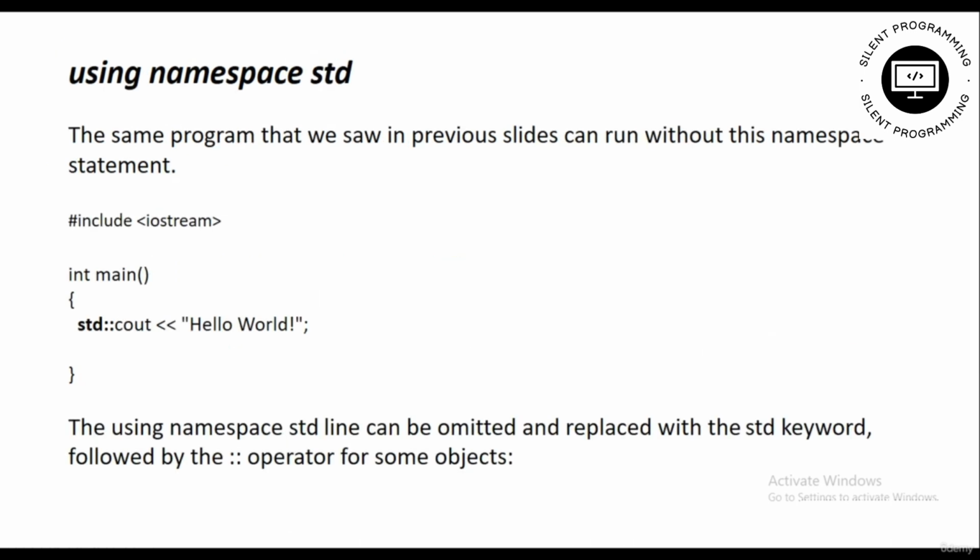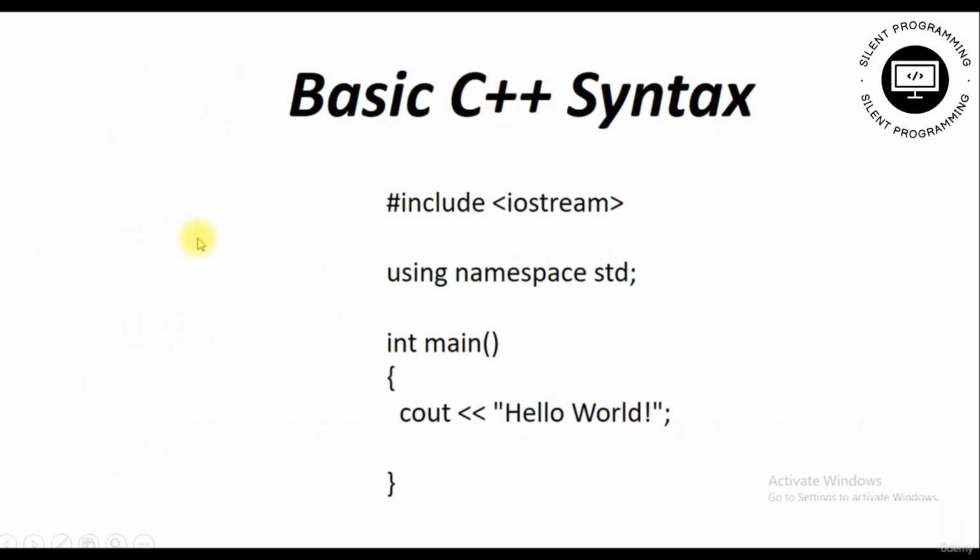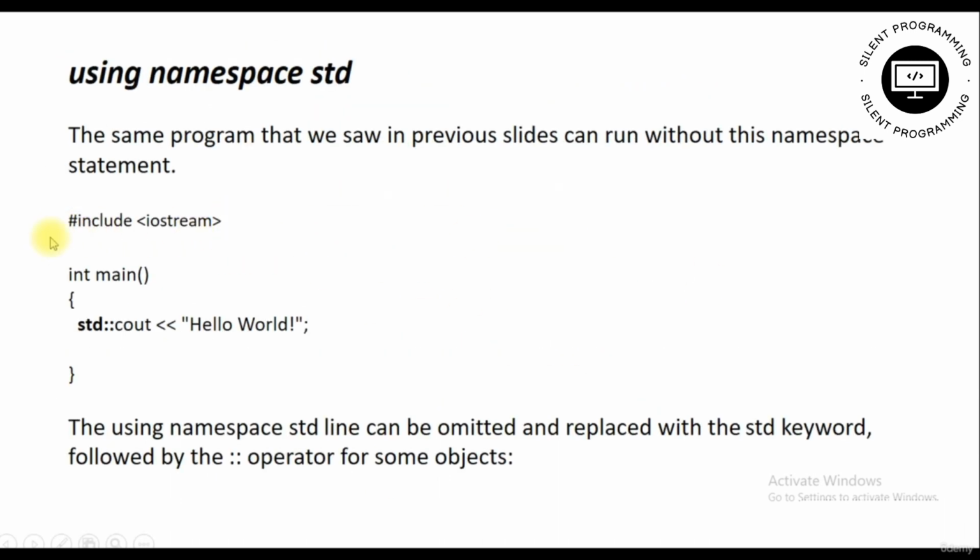Now coming to the namespace std. Here I have written the same C++ program, but this using namespace std is not present here. If we don't use using namespace std, then we have to use std::cout every time we want to print something on the screen.